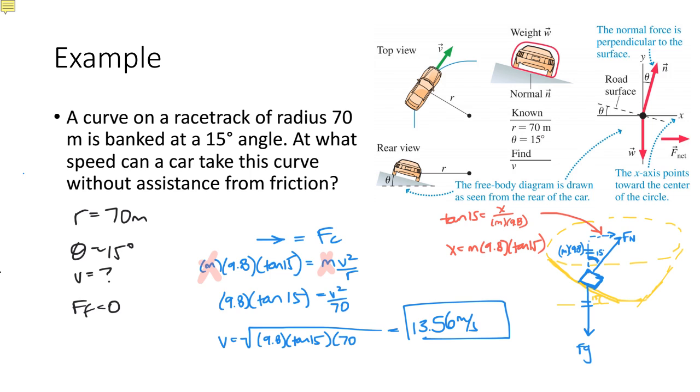So that means that a race car on this racetrack can only go about 30 miles an hour before starting to rely on the friction of its wheels to keep it in place.